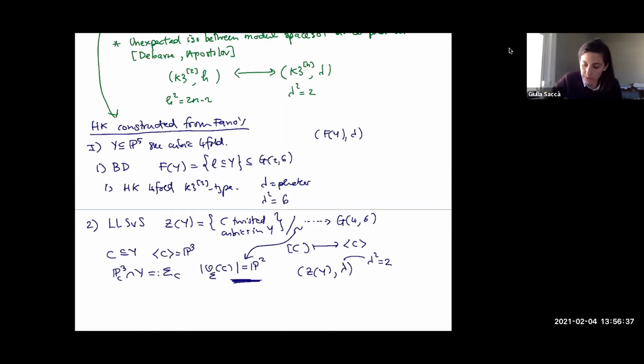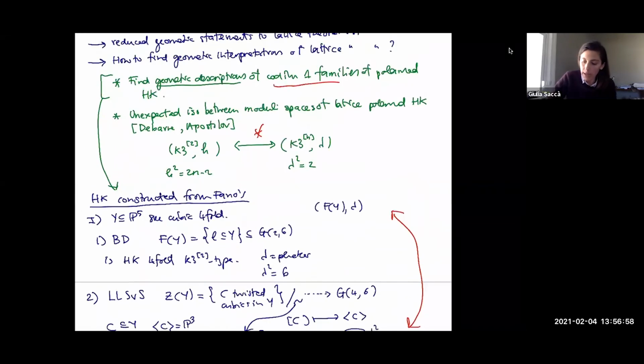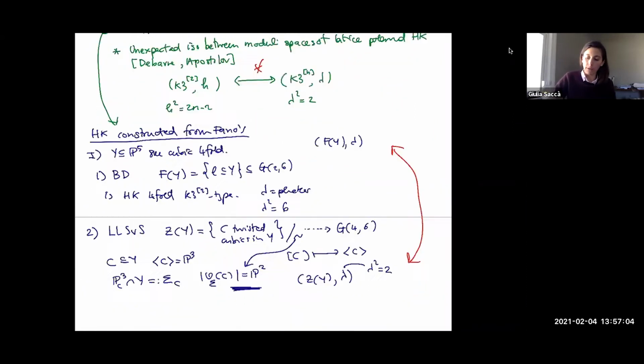And so this isomorphism that I had here, in the case where n is equal to 4, gives me the fact that we have this sort of identification of moduli spaces. And so you see that these hyperkählers that you construct from Fanos not only give you a nice complete family of polarized things, but also give you a geometric interpretation of these isomorphisms.